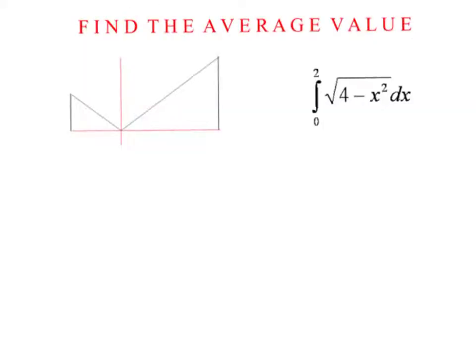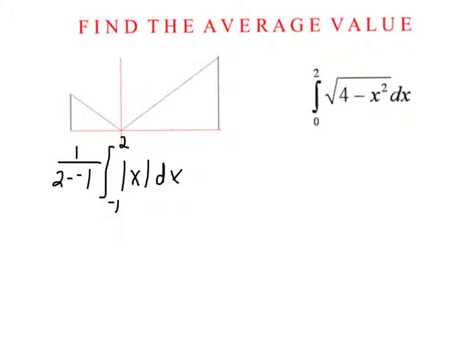So I want to find the average value of these two things, one a graph and one a function. This is the absolute value function on the left, and I'm going to find the average value from -1 to 2. So I'm going to integrate from -1 to 2, and I'm going to put up front 1 over 2 minus -1.